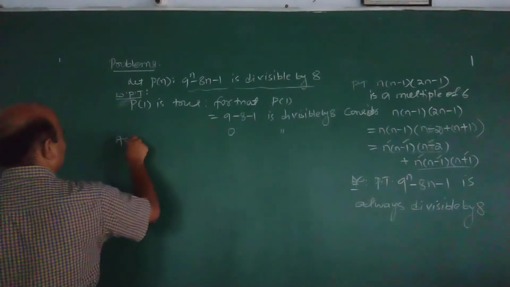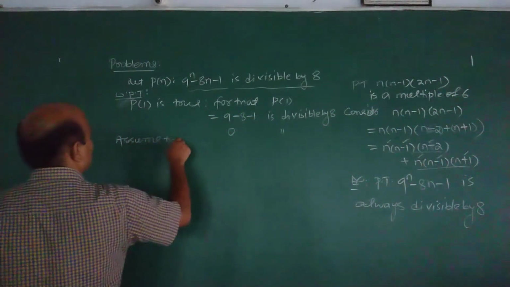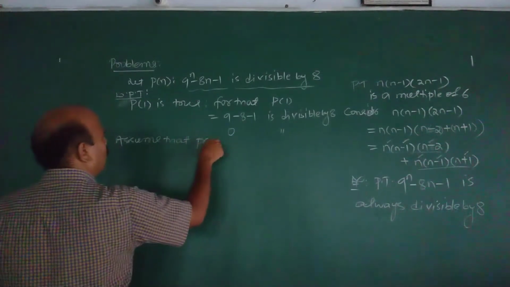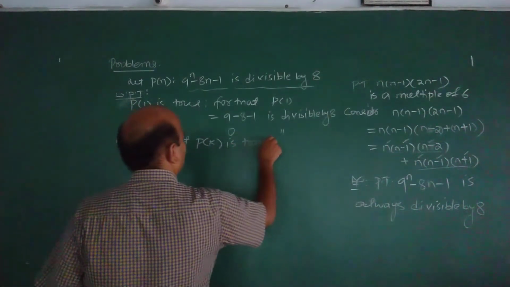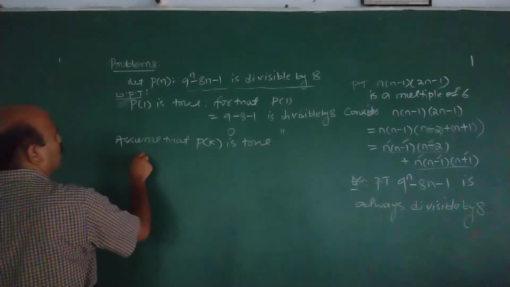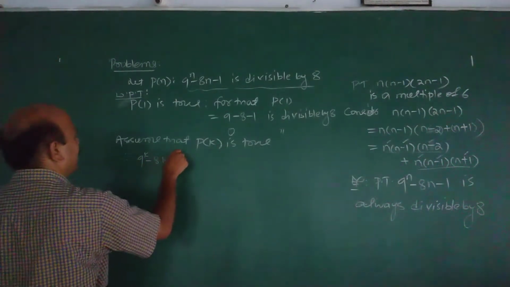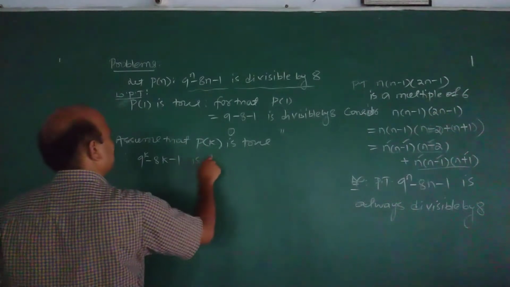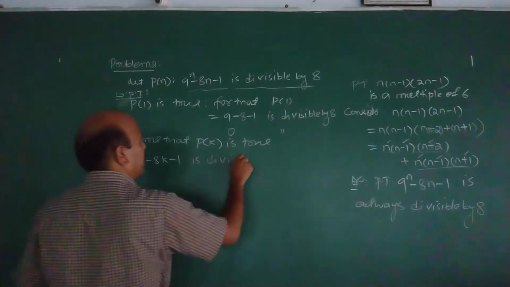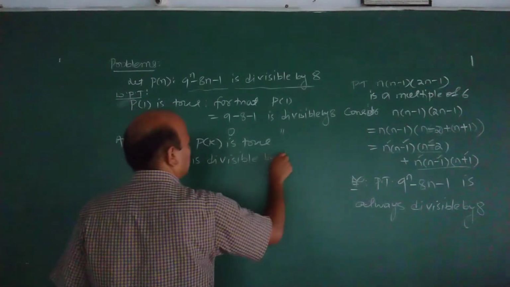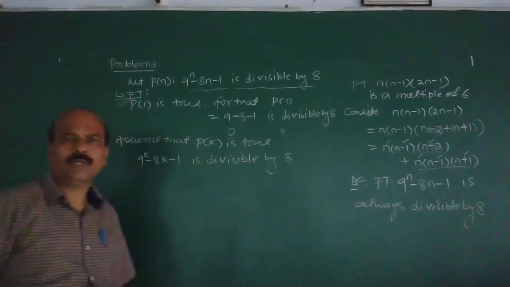Second step, assume that P of k is true. Therefore, what is P of k? 9 raised to k minus 8k minus 1 is divisible by 8. It is called the induction hypothesis.